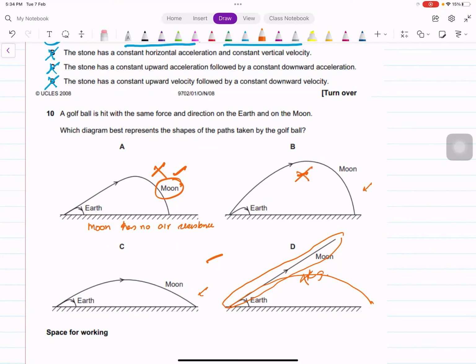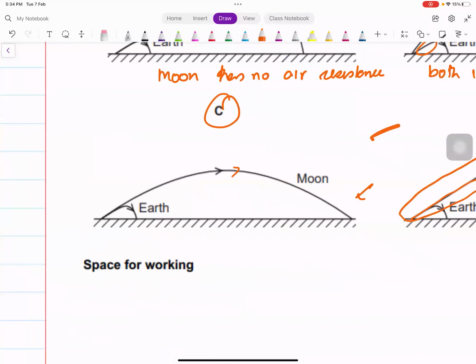This is absolutely wrong because if you look at the initial speeds, both initial velocities are different, and obviously this cannot happen. Also, it's skewed, so that's not possible. And obviously C is correct because on the moon there's no atmosphere, so it will follow the path like a normal projectile. But on Earth, it would be slowed down by air resistance.